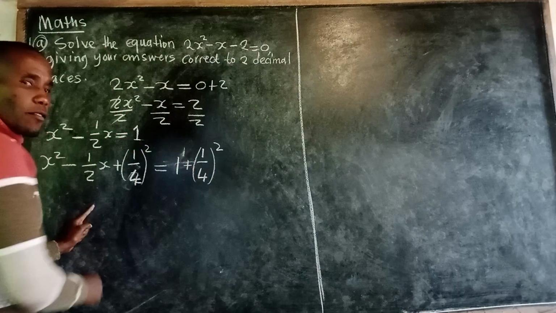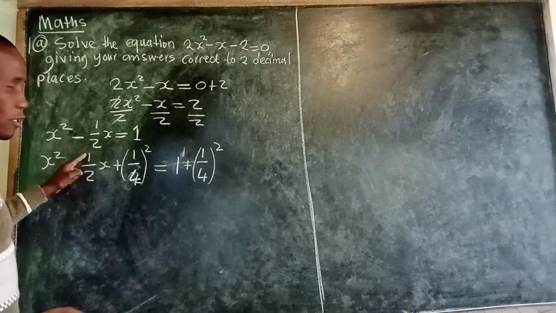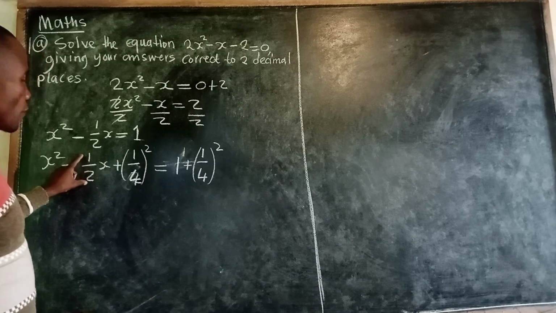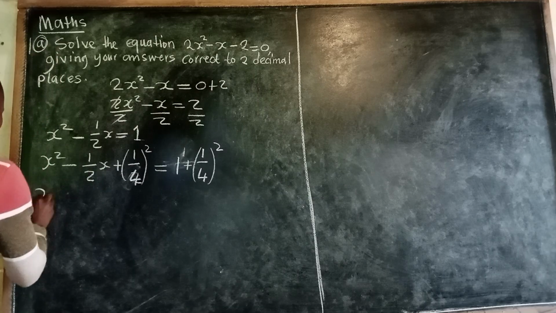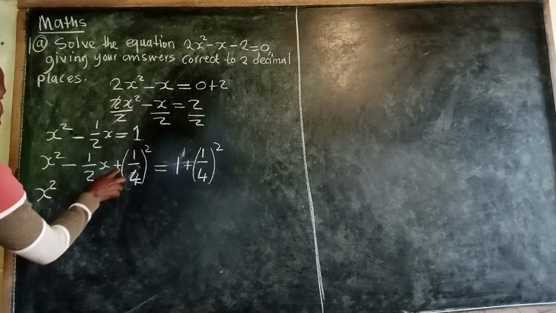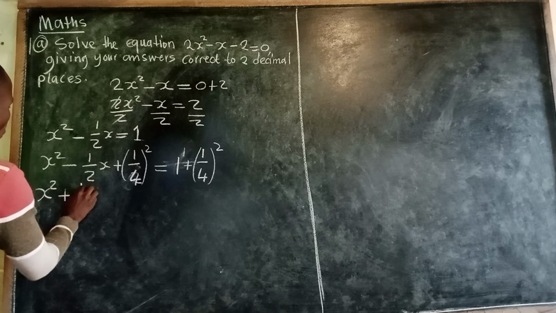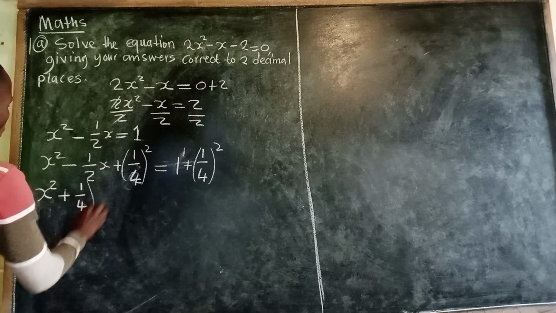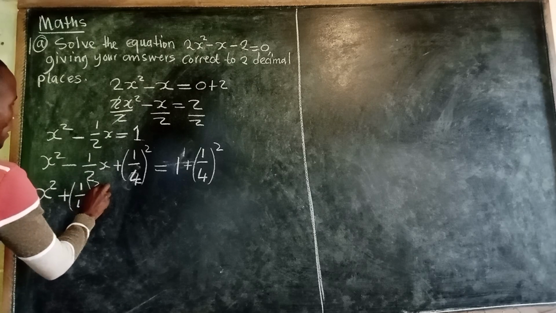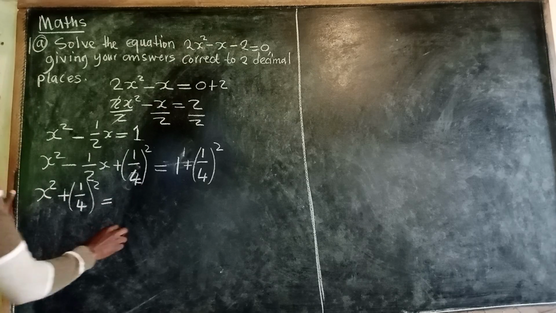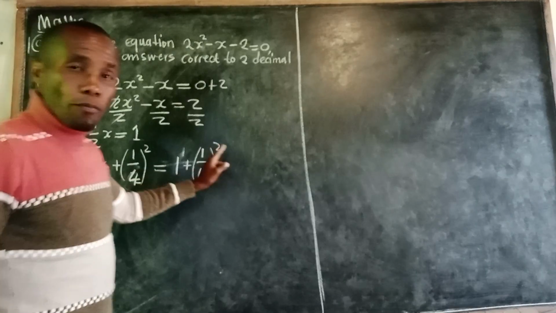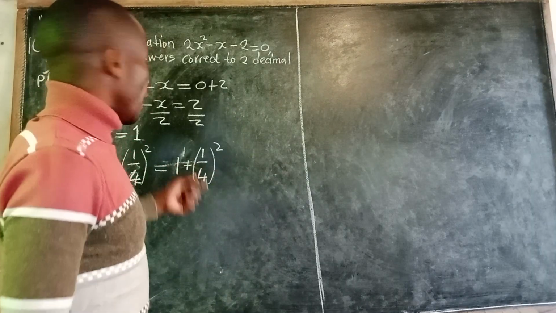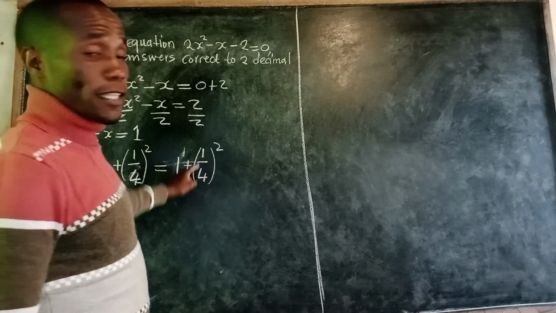Let us first work out this one. The moment you have used this 1 over 2x, it means this one now is going to disappear. So we are going to remain with x squared, then plus 1 over 4, all squared, equals 1 plus 1 over 4 squared, because the power which is outside the bracket is actually affecting the numerator and the denominator.